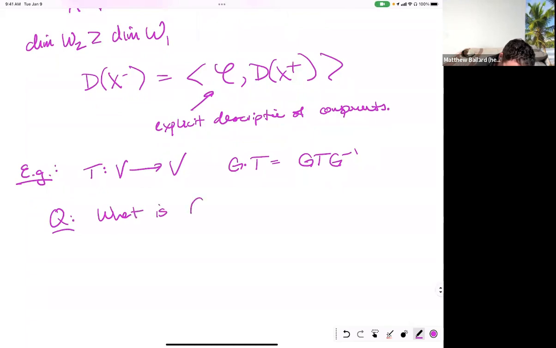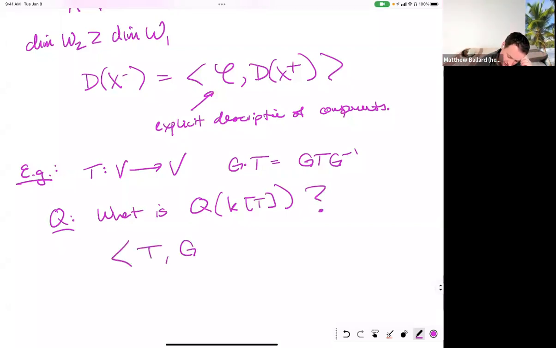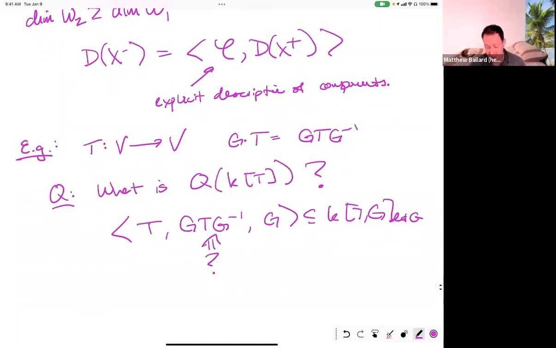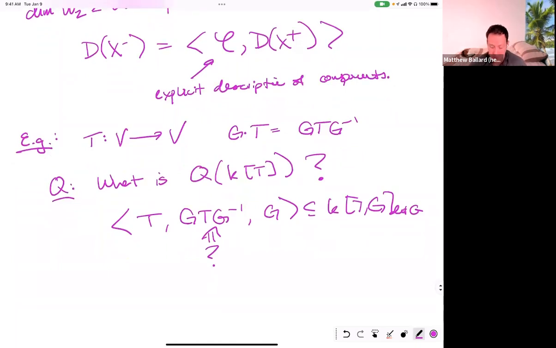So what is this thing? If I take T to G T G inverse, and I take G contained in K, G, det G, right? This thing here, can I understand it? Does it satisfy this condition that Q star Q equals Q?